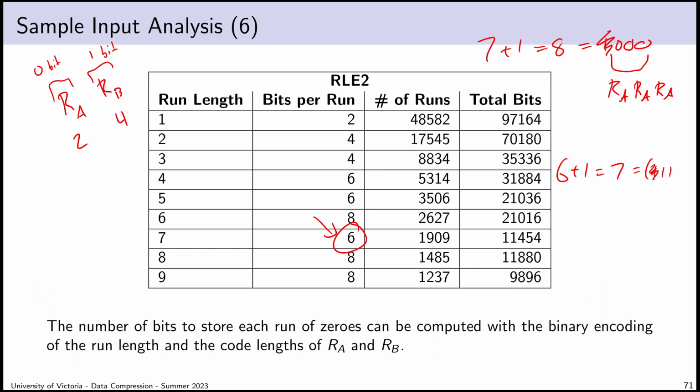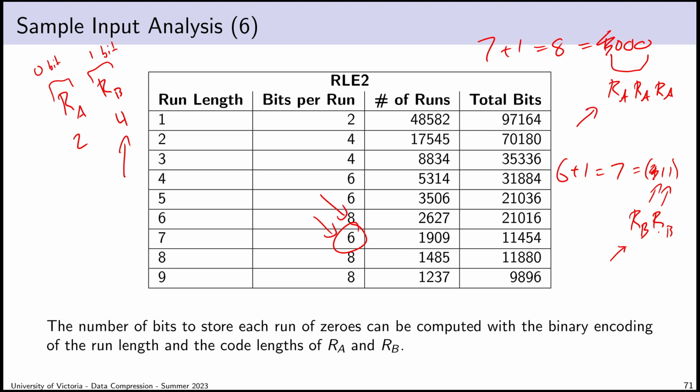I chop off the most significant bit, and then I'm encoding 11, which is 2 RBs. Even though it's fewer symbols, since in this example I'm encoding 3 and in this example I'm encoding 2, RB has encoded into length 4, which means that 6 ends up requiring 8 bits, whereas a run of length 7 requires only 6.